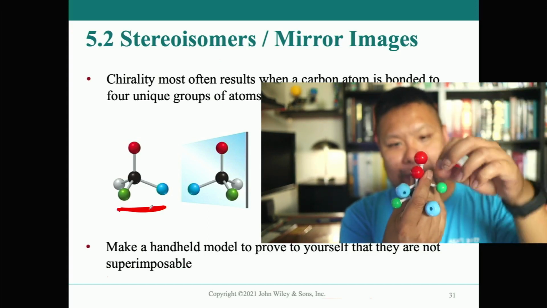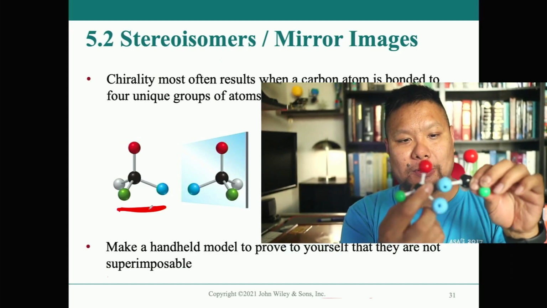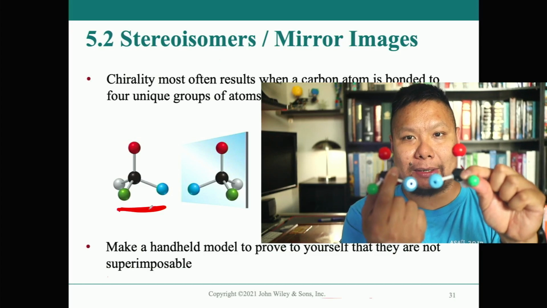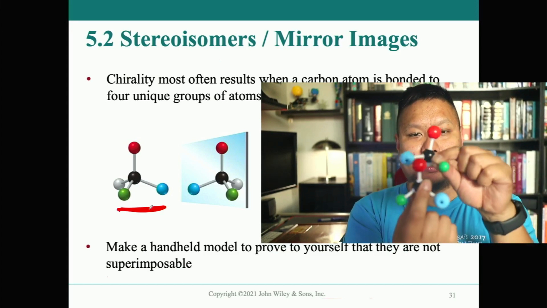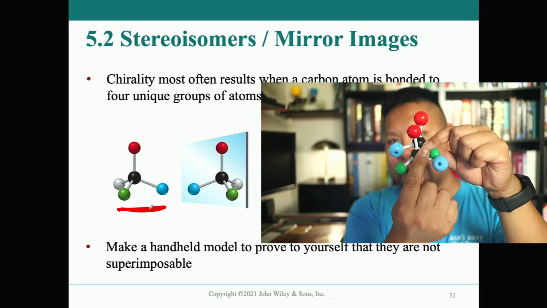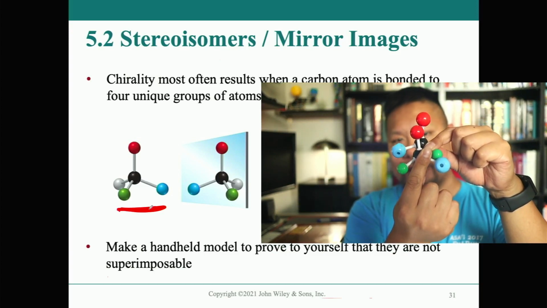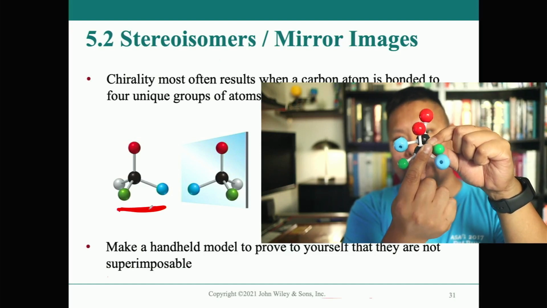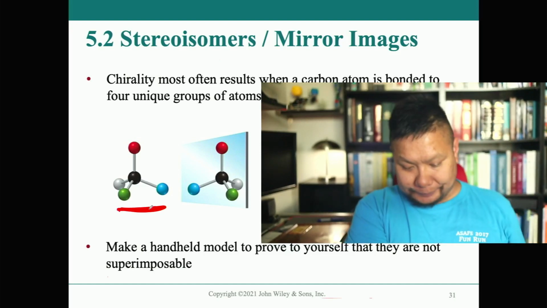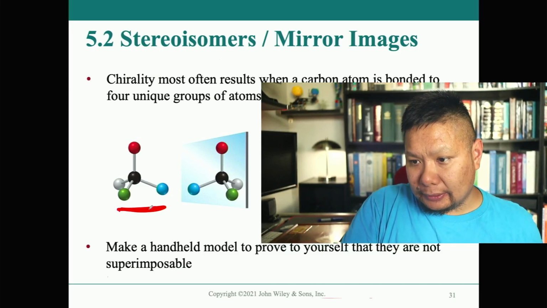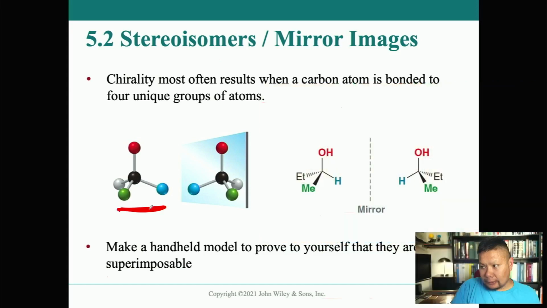So that would be an example of a non-superimposable mirror image. We have the mirror image here. They look the same in the mirror, right? But when you put them on top of each other, they're definitely not the same. Green and blue on one side, green and blue on the other side. If they were superimposable, then both greens would be on one side, both blues would be on one side, which is the picture that you see here.